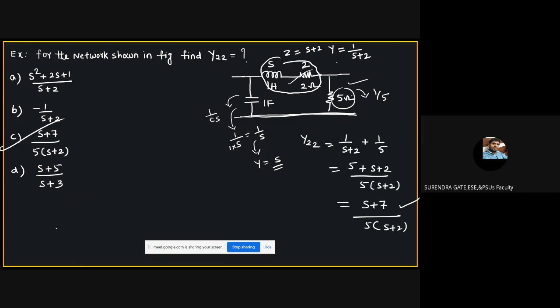For example, I'm giving one example here. Find the T parameters.